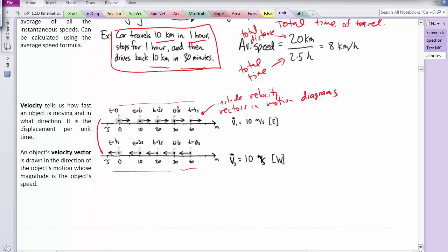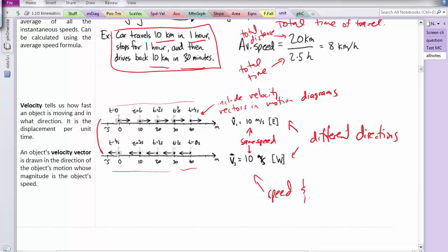Here we can have the same speed, but the velocities are different because they have different directions. So speed and direction is what gives us velocity.